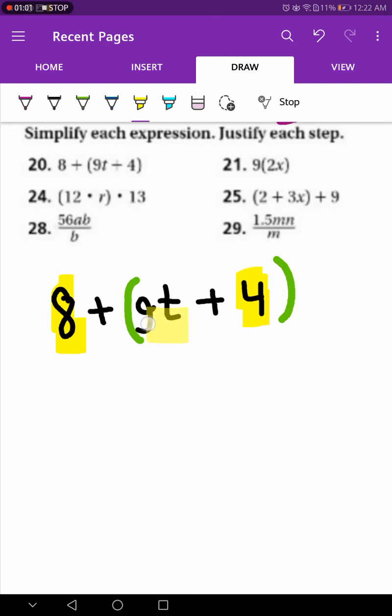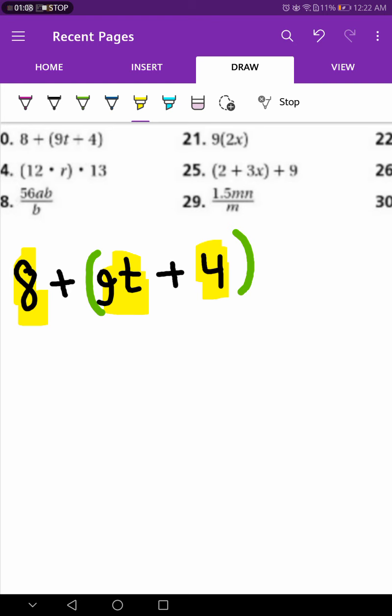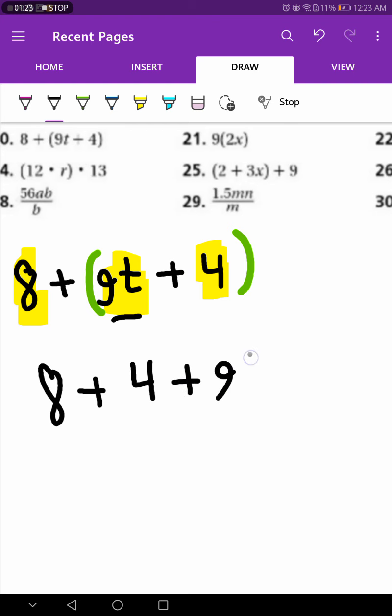Yes, you can switch the 4 with the 90, and this property is called commutative property of addition. So first of all, I have to switch the 90 here, I replace it with the 4, or switch it with the 4, okay?